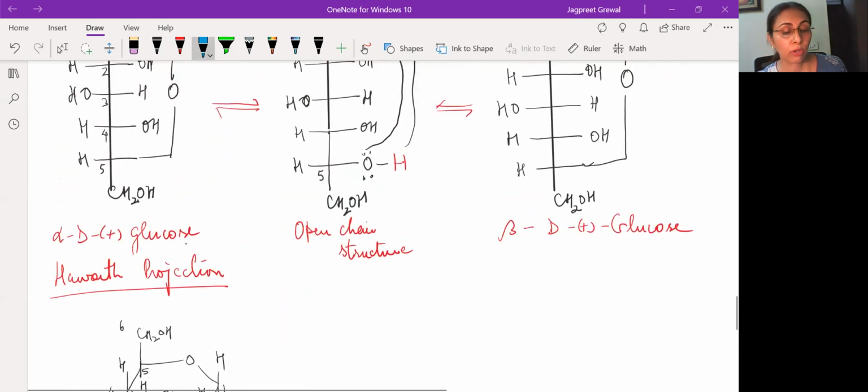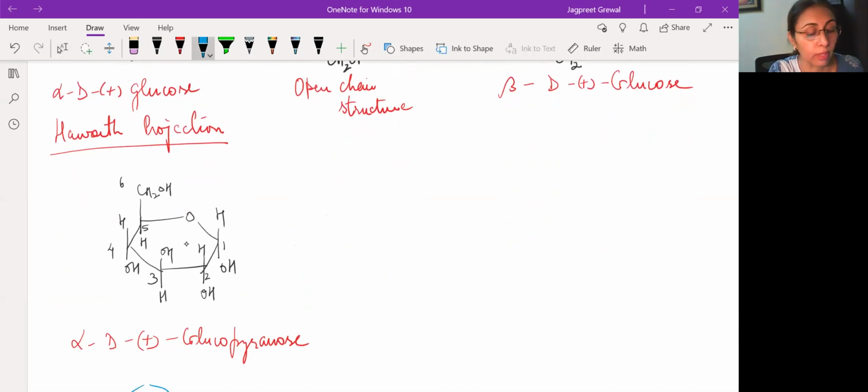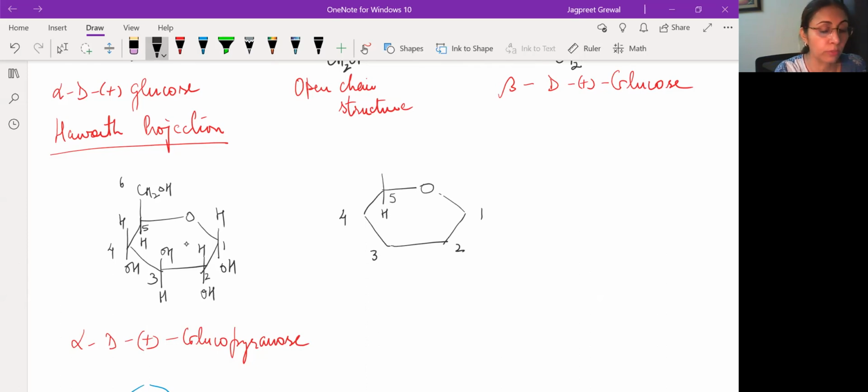Similarly, if I draw beta D positive glucose, a 6-membered ring, so carbon 1, 2, 3, 4, this is 5, hydrogen over here, and this is carbon 6. So what is the difference in the two?